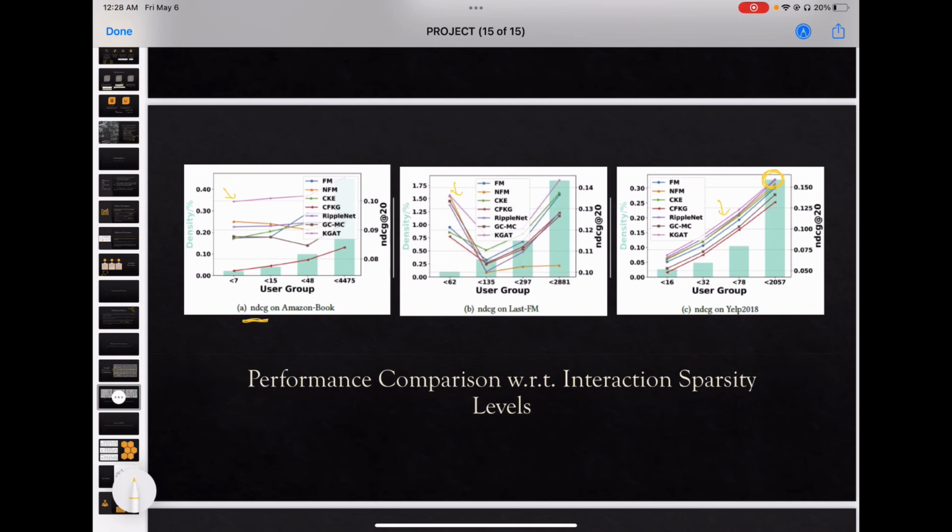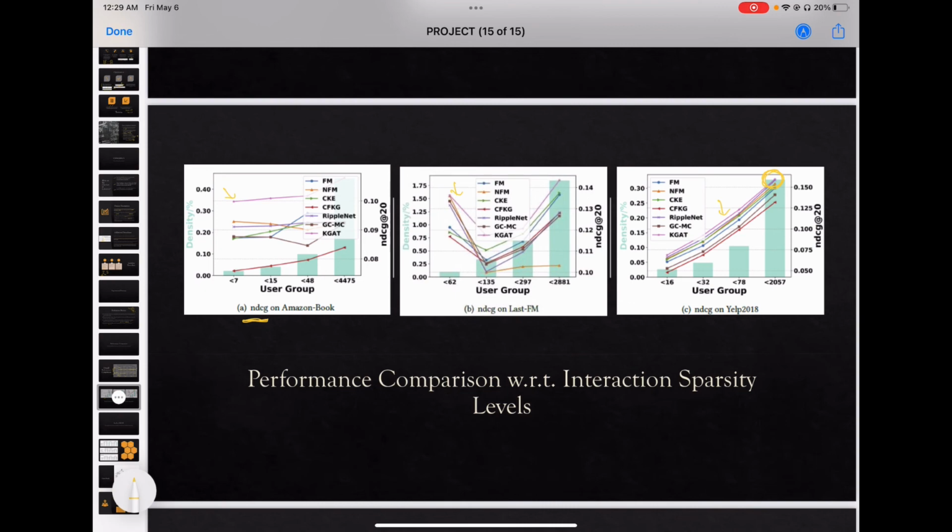The better performance of KGAT signifies higher order connectivity modeling, which contains the lower order connectivity used in baselines and enriches the representations of inactive users via recursive embedding propagation.